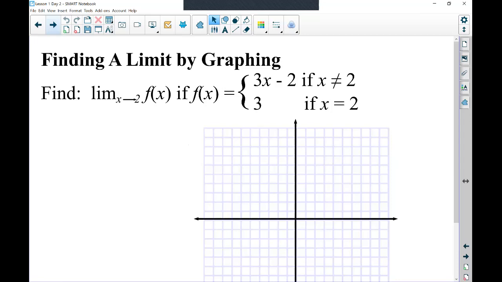So one of the things that can happen, we could have a piecewise defined function. So this function, as long as x is not 2, is going to follow the 3x minus 2 behavior, the linear behavior. But if x is equal to 2, then our function gives us a value of 3.